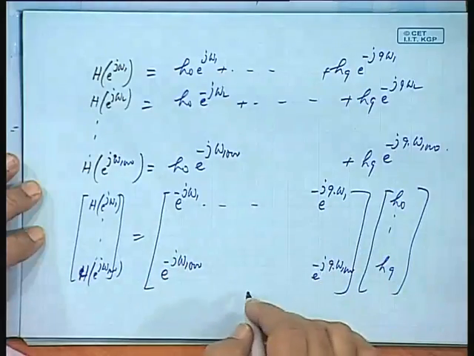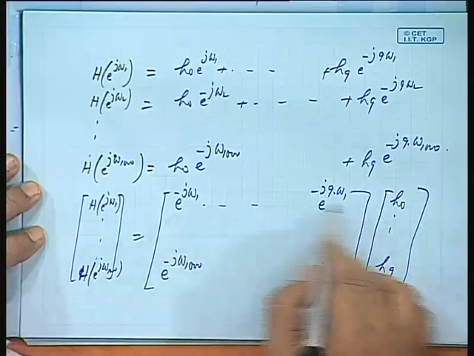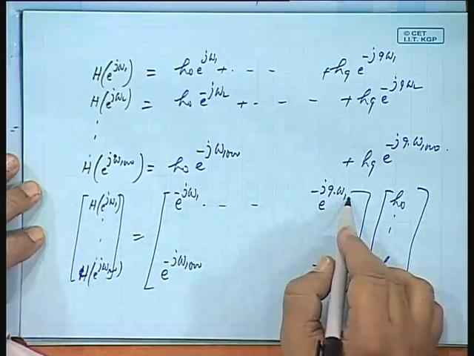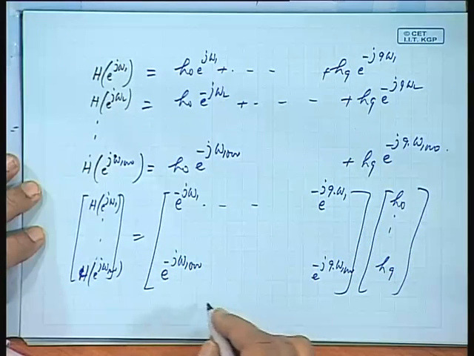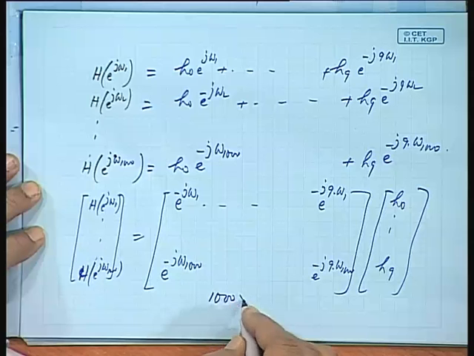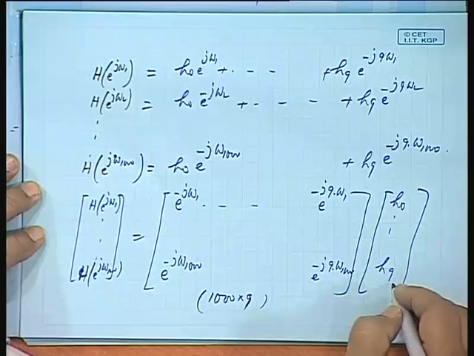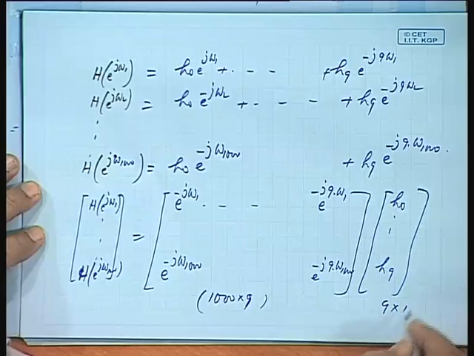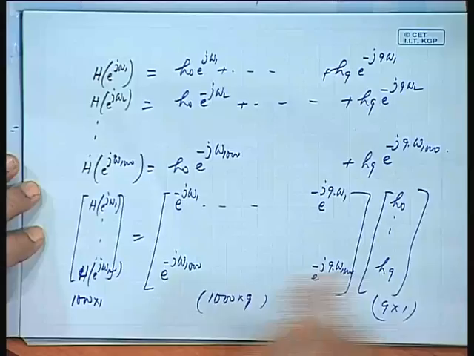Obviously, there are 9 elements in this row, and there are 1000 rows here. So, it will be a 1000 by 9 matrix. This is a 9 by 1 vector. This is a 1000 by 1 vector.